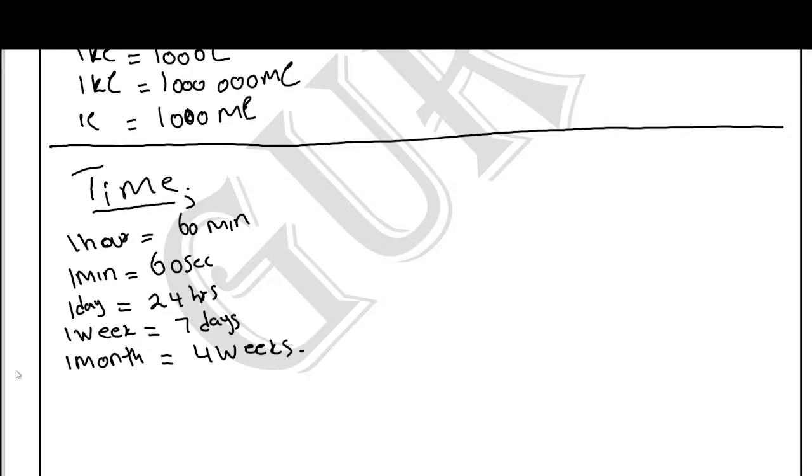Okay, you know that 1 month again has how many days? It has 30 days. People are going to argue now, saying why, because other months have 31 days. Okay, so we just say 30 days.